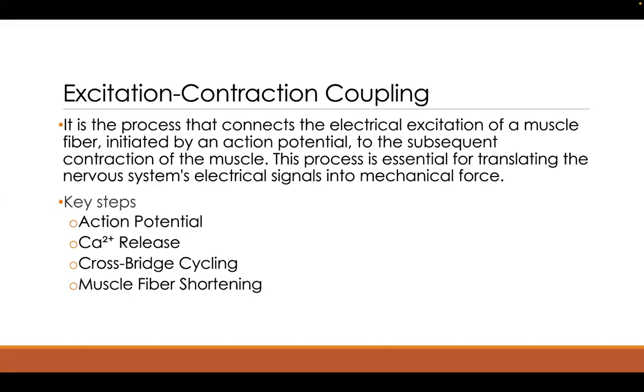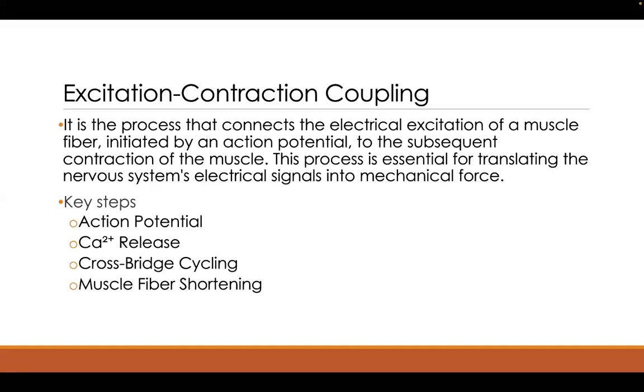The action potential generated at the NMJ propagates along the muscle fiber, which is the sarcolemma, and into the T tubules. We then have the calcium release. The action potential triggers the release of calcium ions from the sarcoplasmic reticulum into the cytoplasm of the muscle fiber. Then we have the cross-bridge cycling.